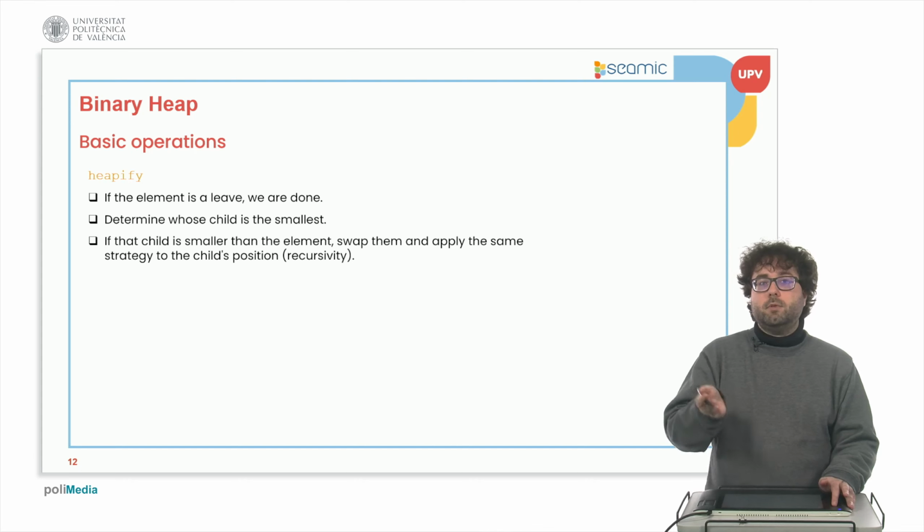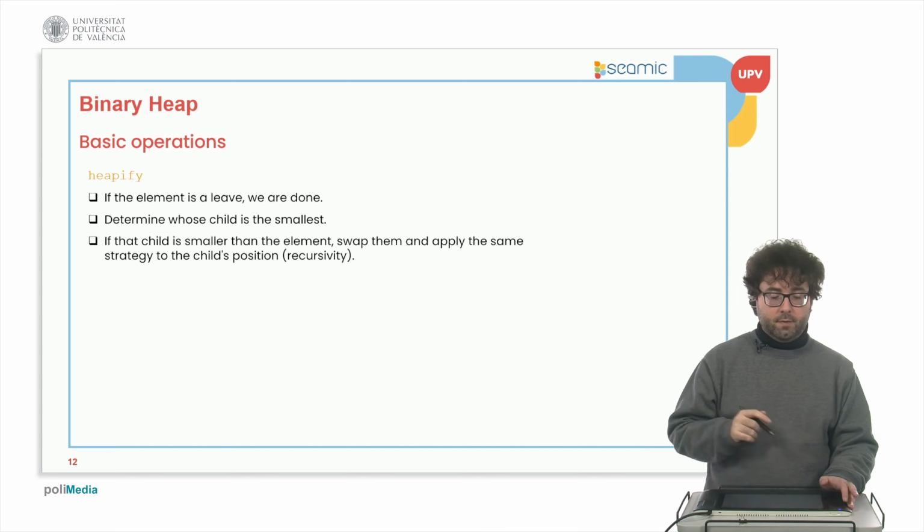Leaves are already heaps, so the moment we reach a leaf, we are done. If it's not a leaf, then we will need to find which child, left or right, has the smallest value. When we find it, we will compare that value against its parent, the position we are heapifying, to see if it's smaller or not. If it is, then we will swap places and make a recursive call to heapify from the child's position. If it's not, then we're done.